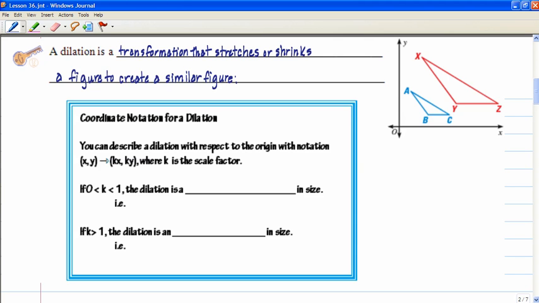If we look at the picture to the right of your screen, we can see that they look very much alike, but very different.